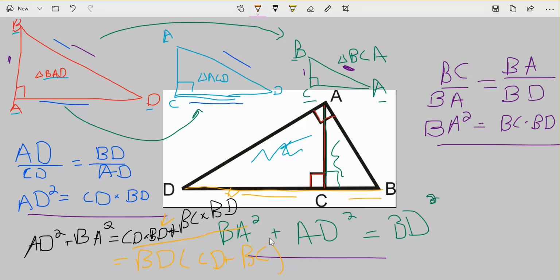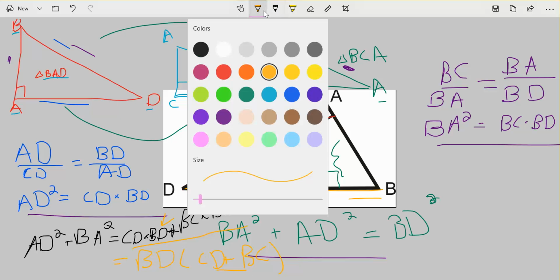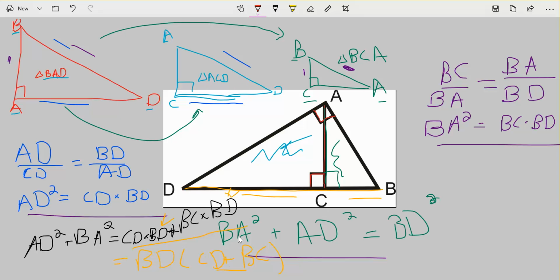So I know that I can add BC and CD and get BD, so I can replace that part with BD, which makes this BD times BD, and I end up getting my Pythagorean theorem. So I have proved it using the math.